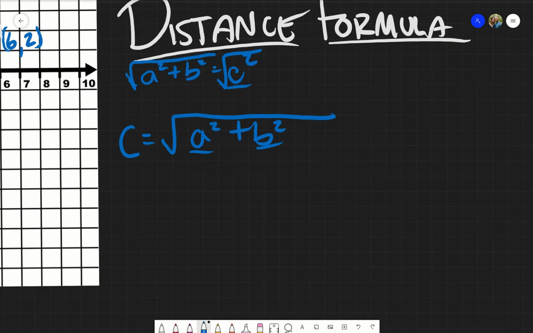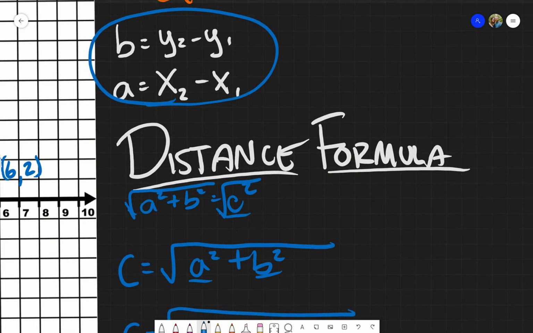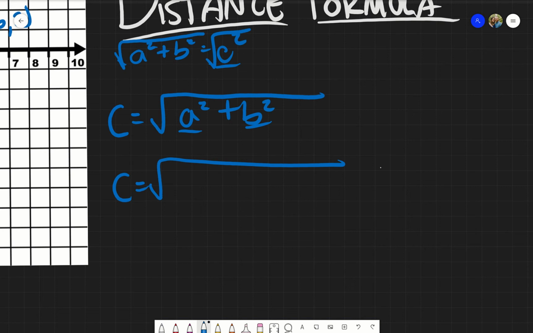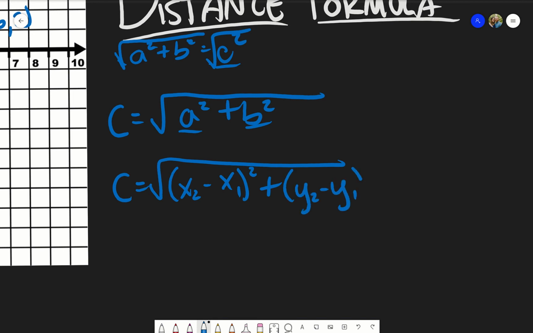So instead of a squared plus b squared, we can say c equals the square root of a was x2 minus x1 squared plus b was y2 minus y1 squared.